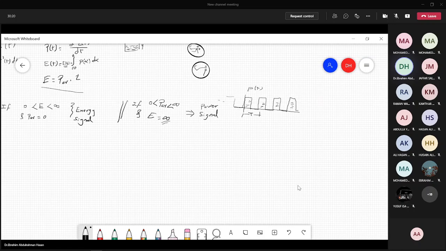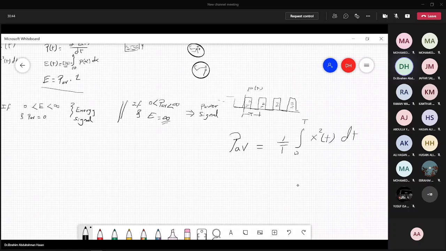This is P average. It is equal to 1 over T, integration from 0 to T of P of T, which is x squared of T dt.